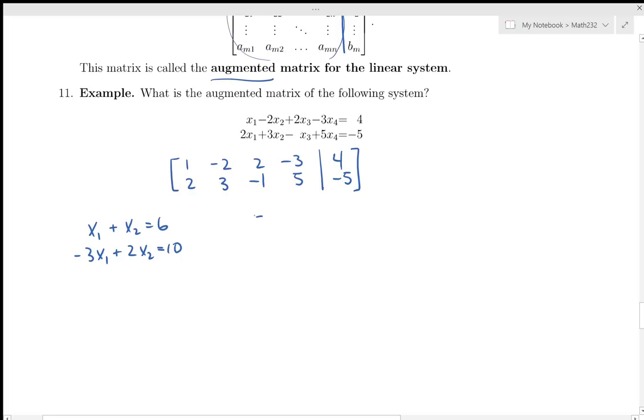So that is going to look like this. The coefficient on x1 in the first equation, the coefficient on x2 in the first equation, and the b value on the first equation. The coefficient on x1 in the second equation, the coefficient on x2 in the second equation, and b2. There it is.